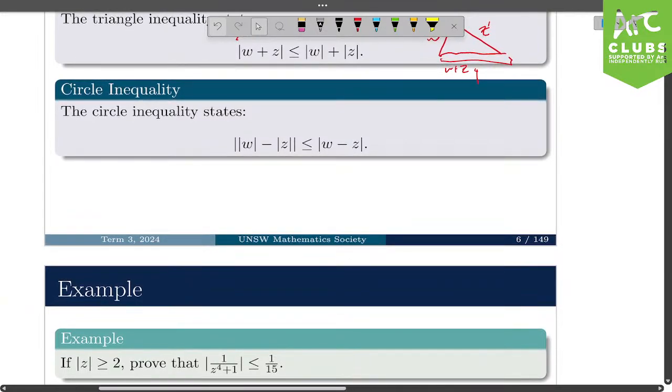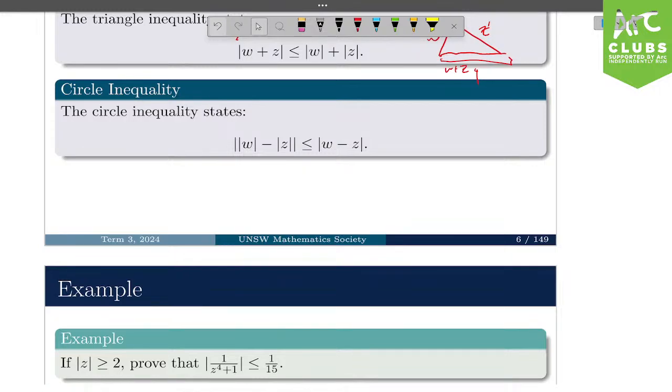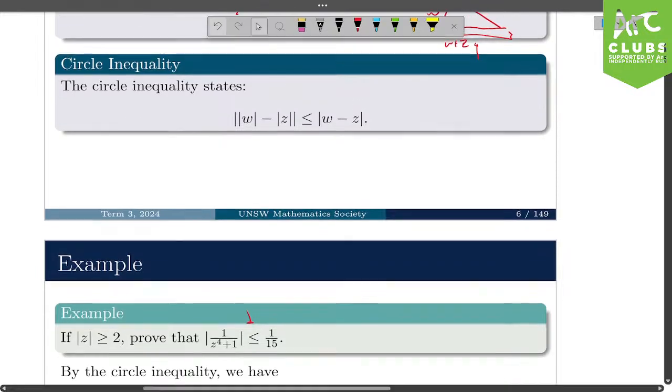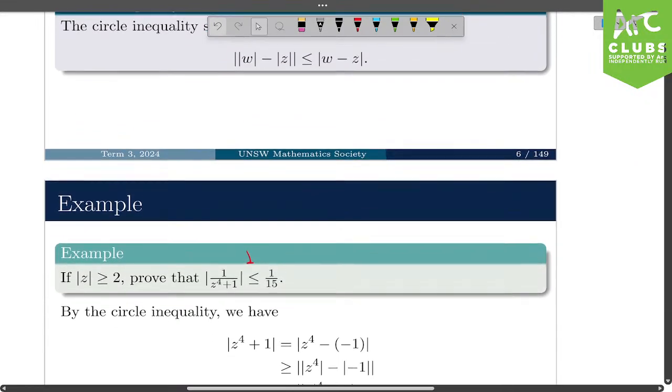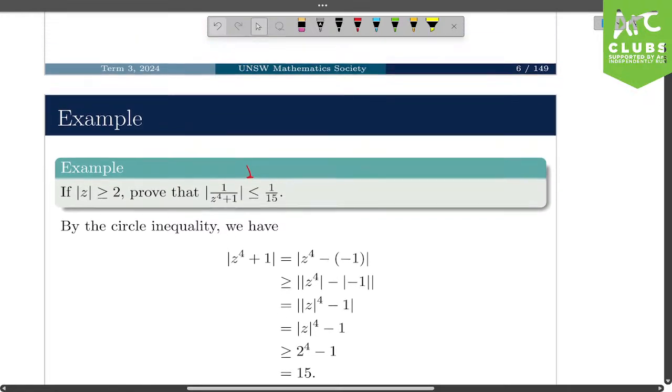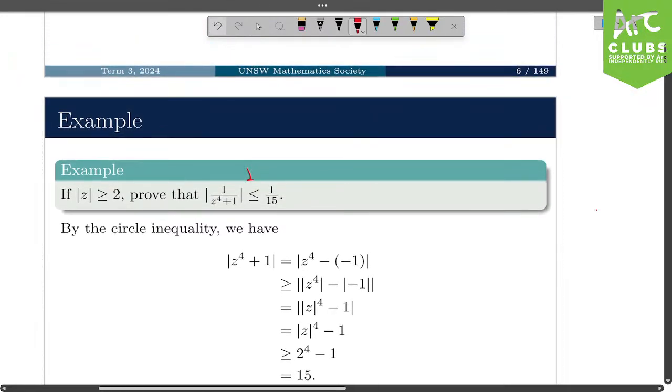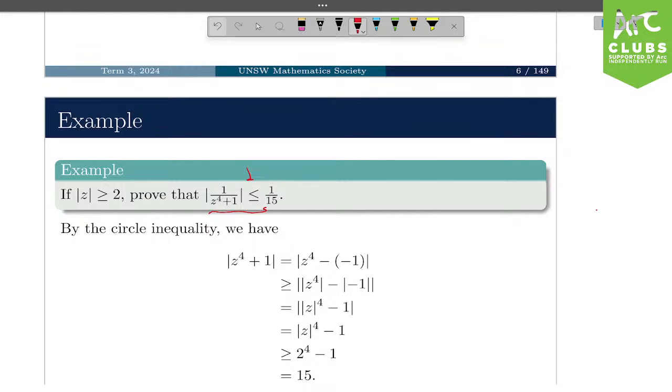One small example: if we have the modulus of z is greater or equal to 2, prove this inequality here. If we're going to use the triangle and circle inequality, the best thing to do is multiply these two out so we don't have the fractions on the denominator anymore, and it suffices to show that 15 is less or equal to the modulus of z to the 4 plus 1.